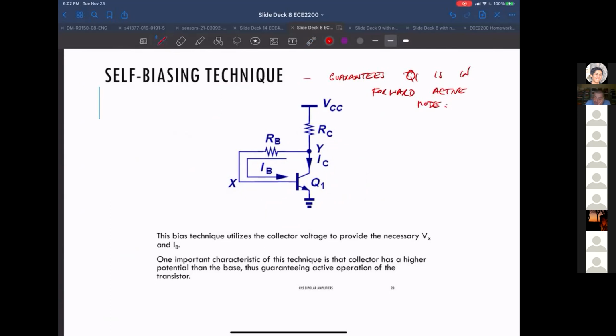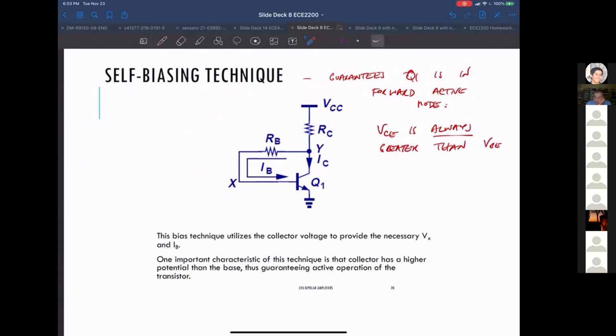So why does it guarantee that you're in forward active mode? Because what you've done here is you've connected this resistor from the collector to the base. So you're always guaranteed that no matter what happens, VCE is always greater than VBE in this case, right?